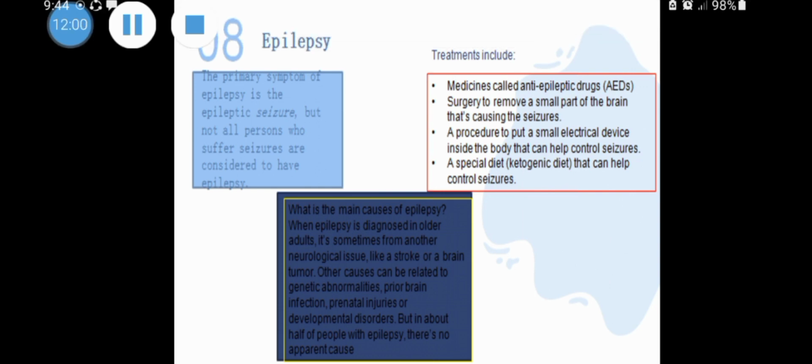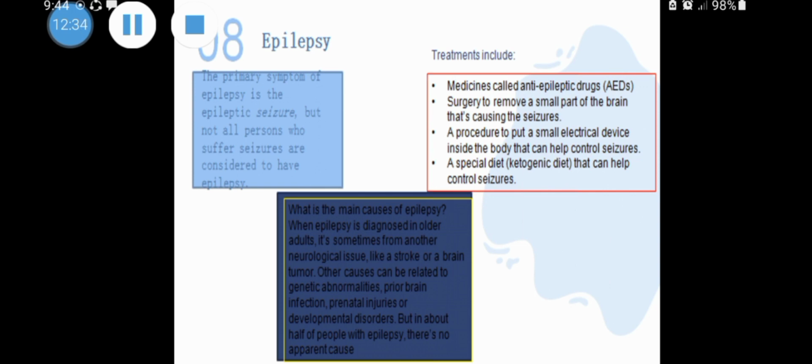So, treatments include medicines called anti-epileptic drugs, AEDs, surgery to remove a small part of the brain that's causing the seizures, a procedure to put a small electrical device inside the body that can help control seizures, a special diet, ketogenic diet that can help control seizures.